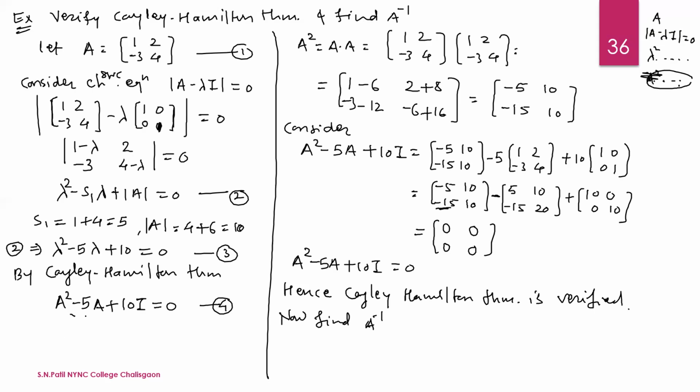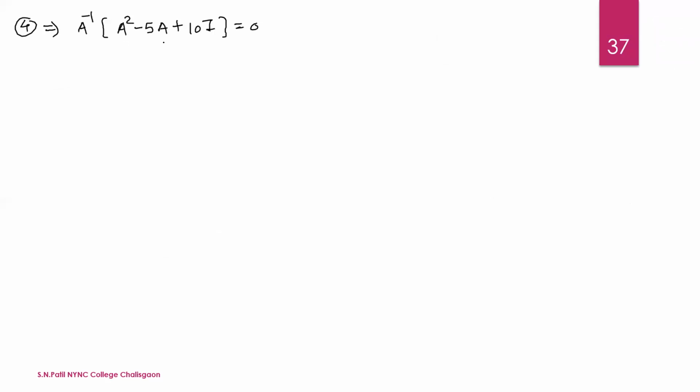Now simplify: A inverse into A squared, the base is the same, so we add the powers, minus 1 plus 2 is 1, that is simply A.